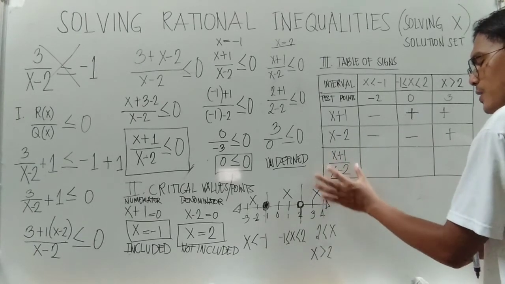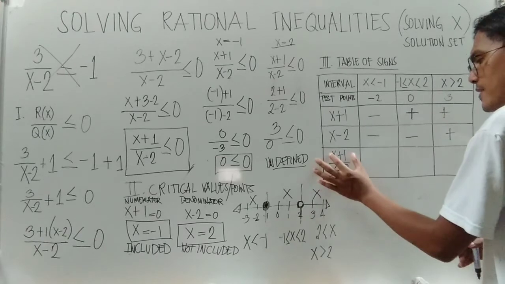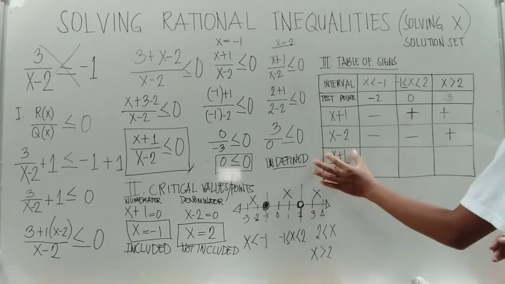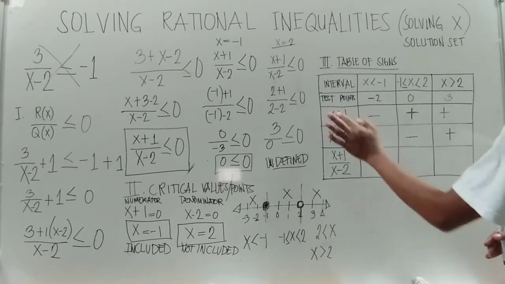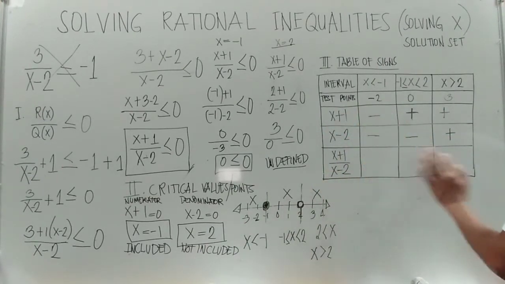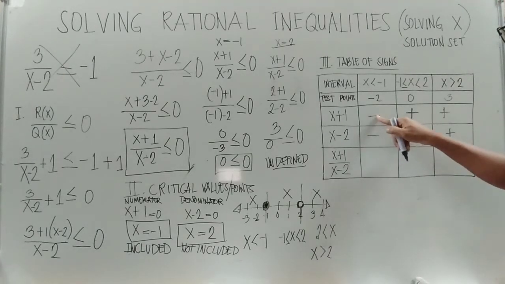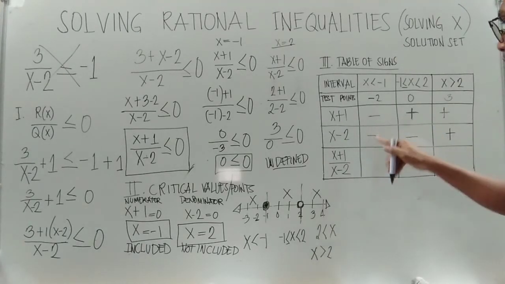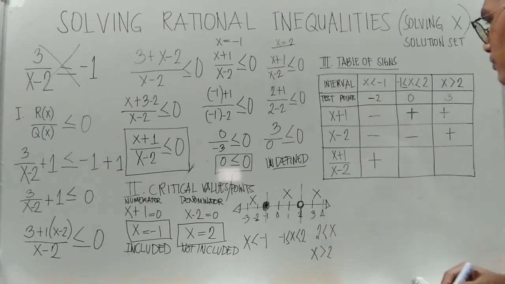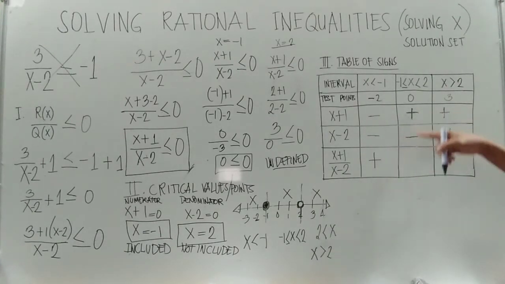We are just dividing the signs of the following: numerator divided by denominator. Negative divided by negative is positive. Positive divided by negative is negative. Positive divided by positive is positive.